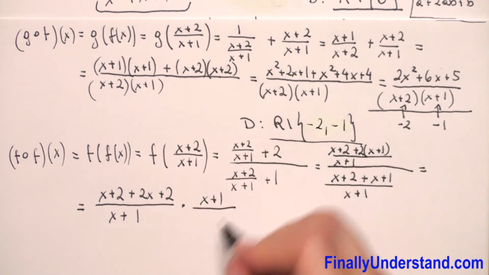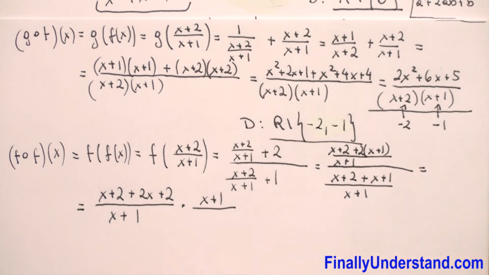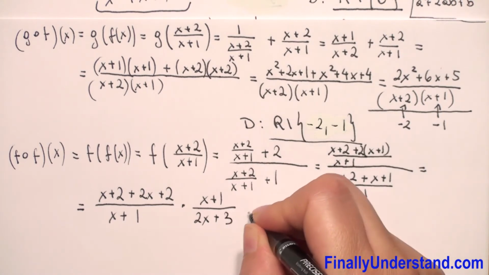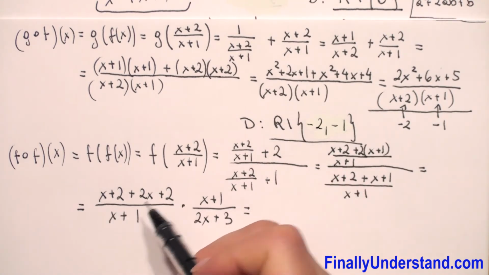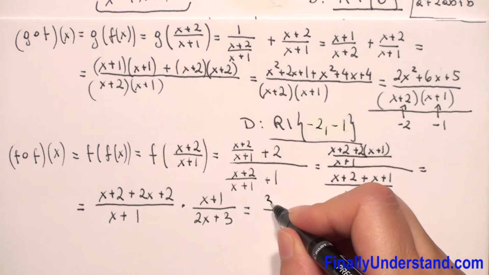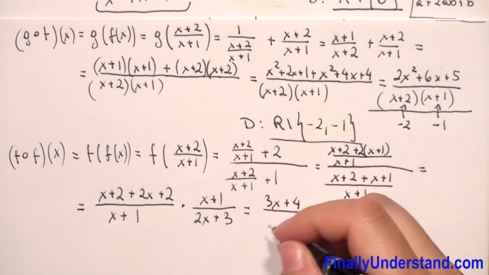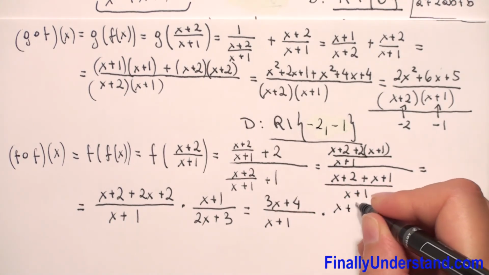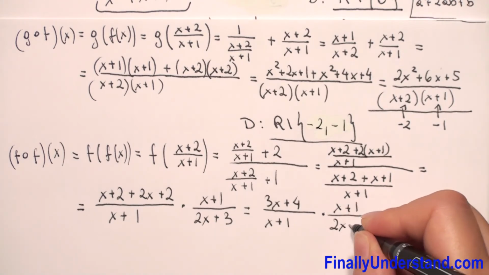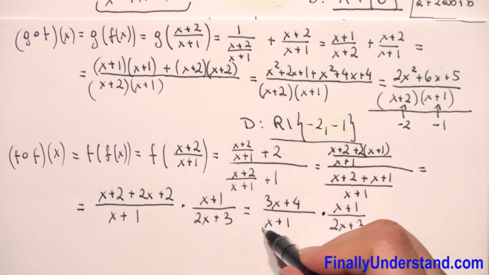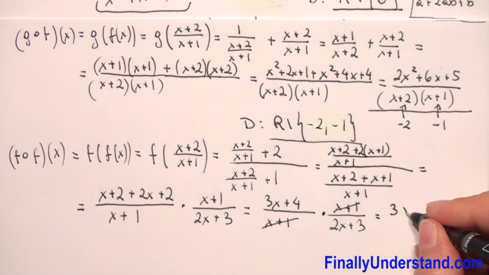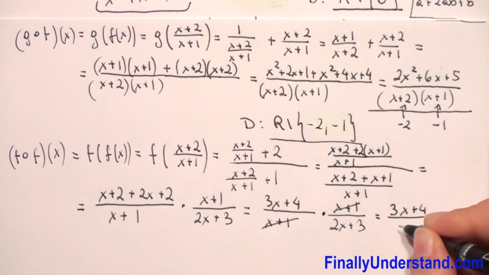In the denominator, we can combine like terms, x plus x is 2x, and 2 plus 1 is 3. This is equal. We combine like terms, it will be 3x plus 4 over x plus 1 times x plus 1 over 2x plus 3. Because we have multiplication, we can reduce x plus 1, and we have 3x plus 4 over 2x plus 3.